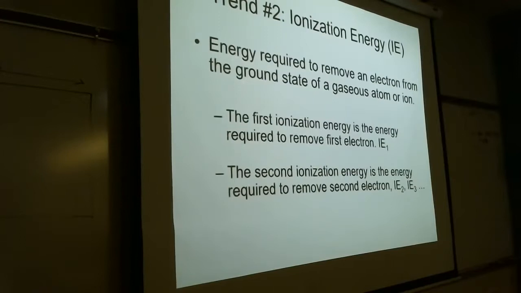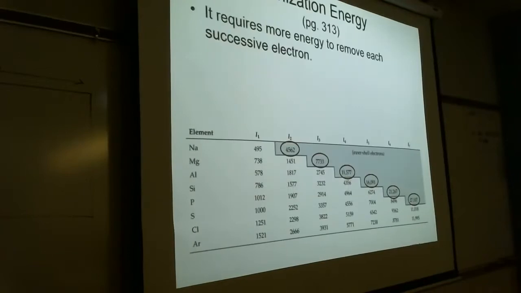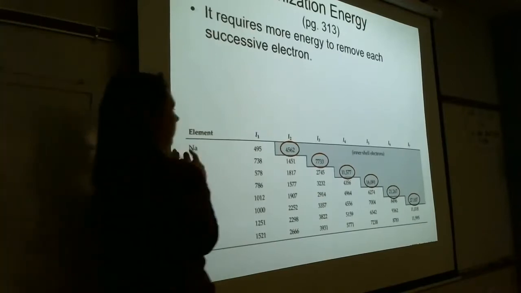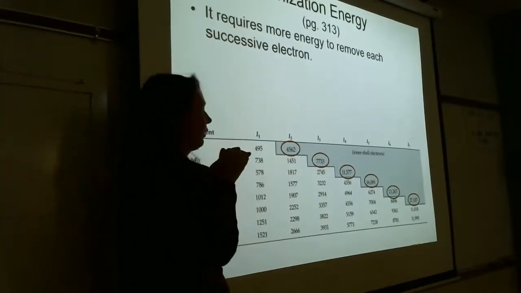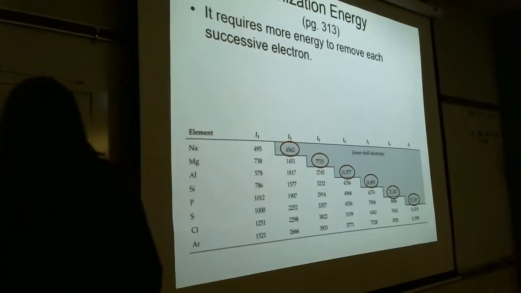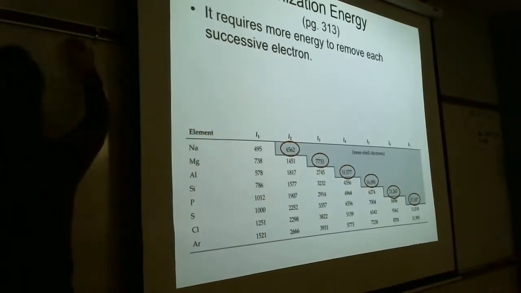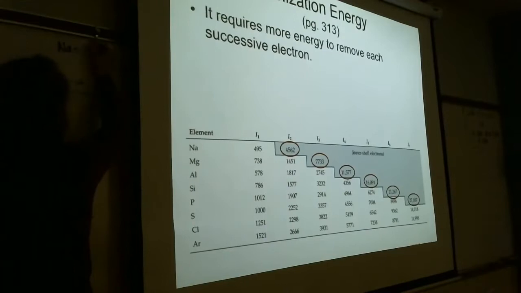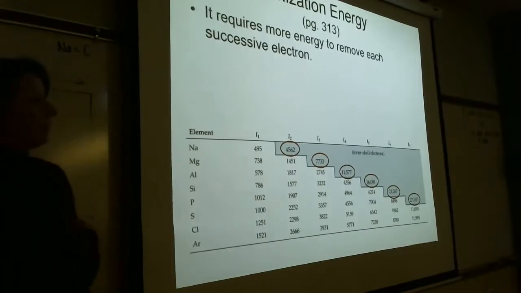Now let's talk about what the trend is. It's requiring more energy to remove each electron. So let's think about the electron configuration for sodium. Sodium's electron configuration is, what was in parentheses?